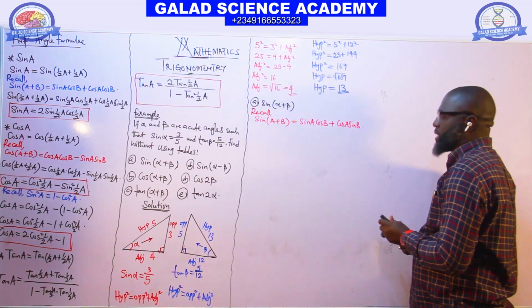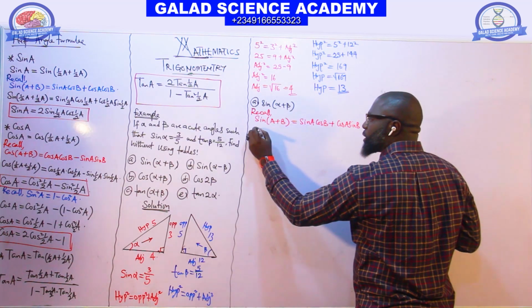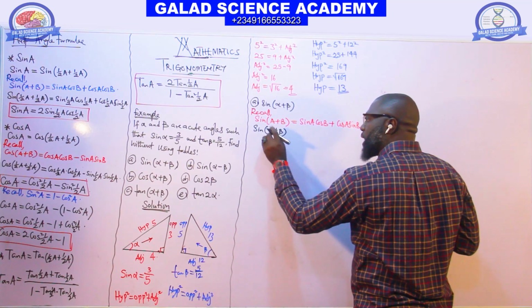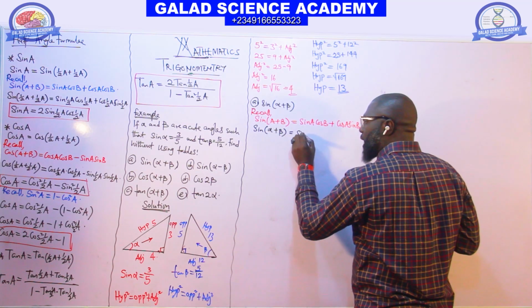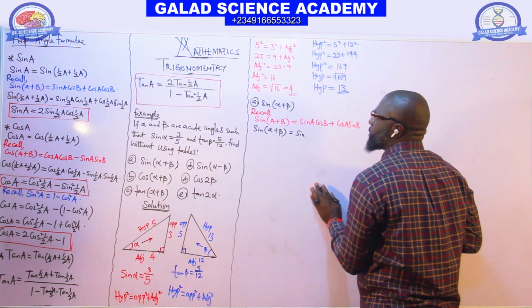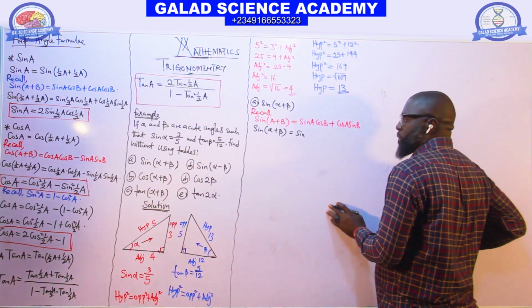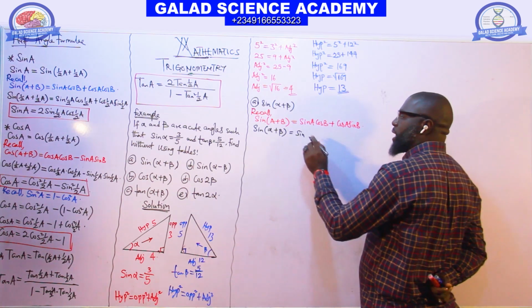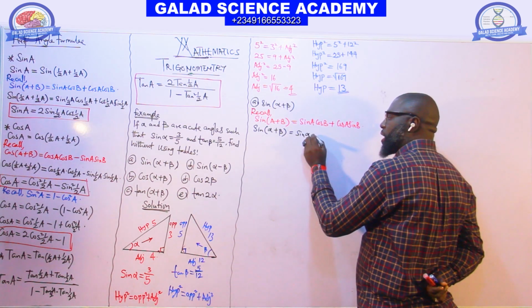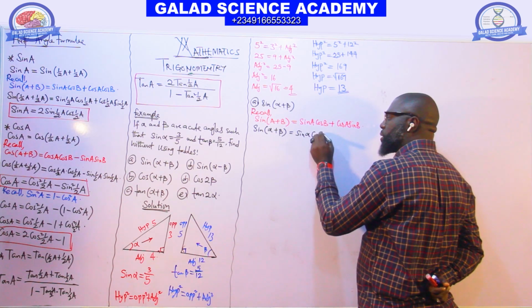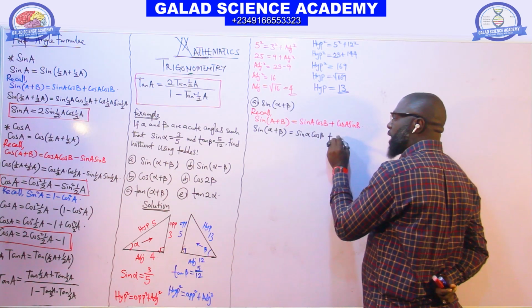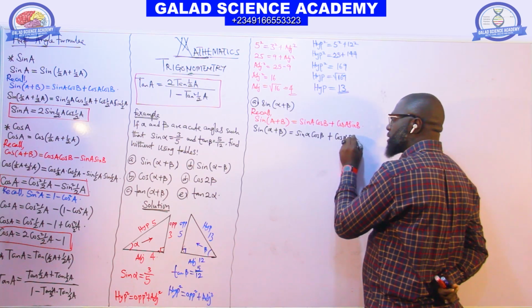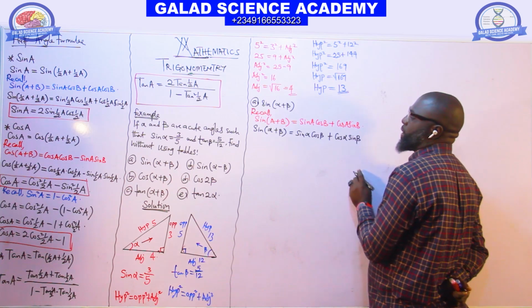So if that is the case, this expression will now be sine alpha plus beta. So you now have sine alpha cos beta plus cos alpha sine beta.